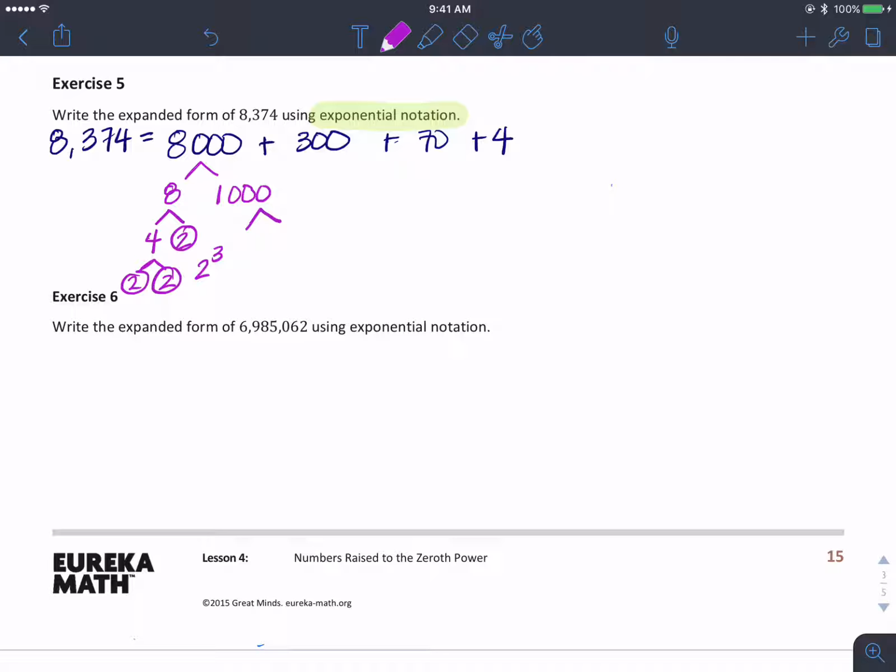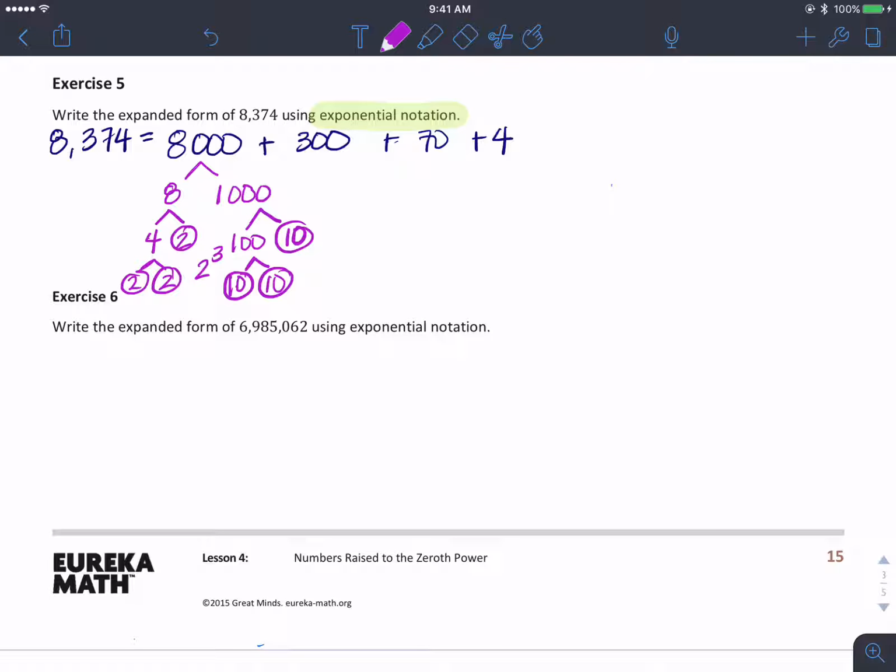And just as a hint, numbers that have a 1 and several zeros after it, base 10 is always a good base to use. Okay, so we know that 100 times 10 is going to be equal to 1,000. And similarly, 100 can be factored down into 10 times 10. Take a look at that.